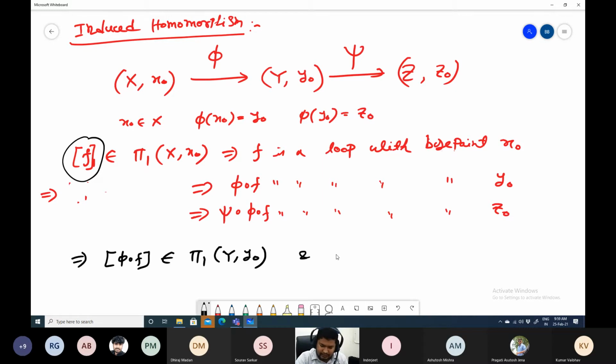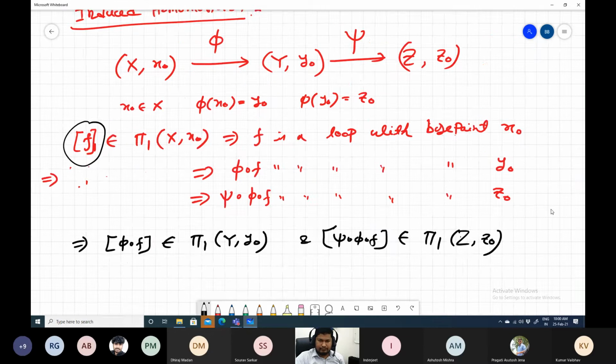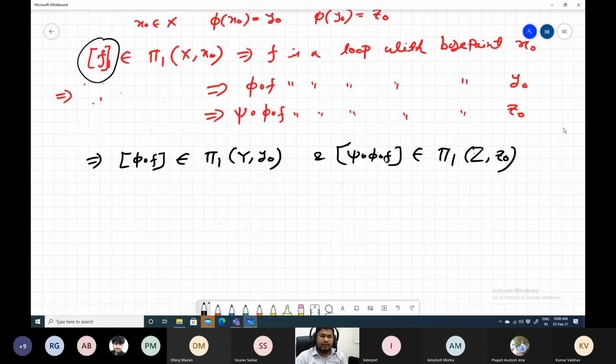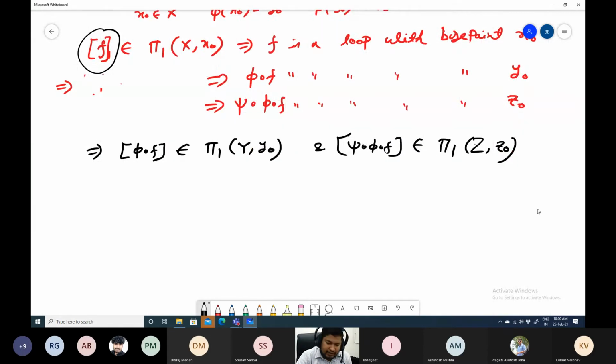And similarly, psi composed with phi composed with f belongs to pi1 of (Z, z0).